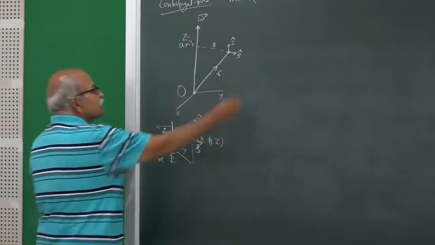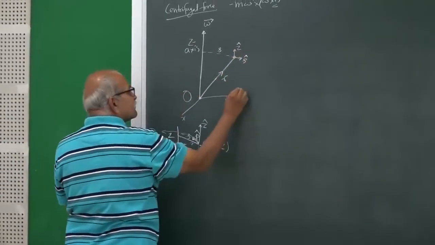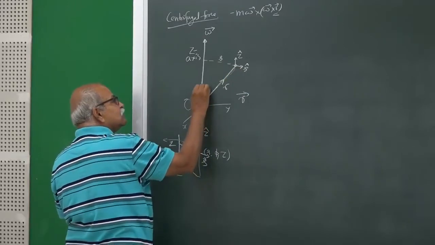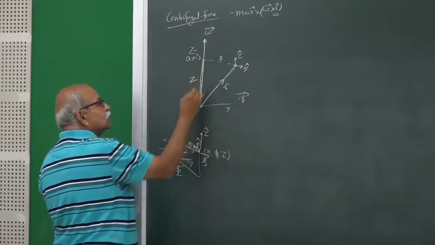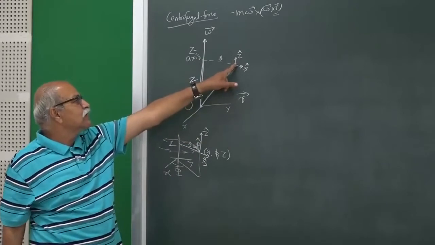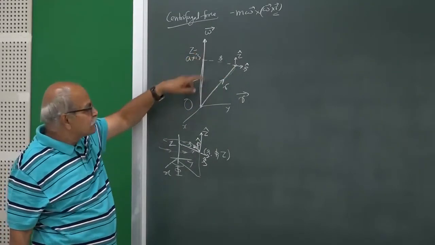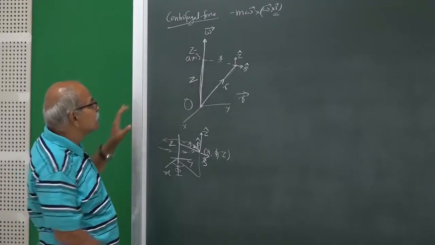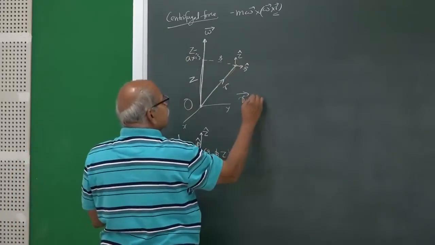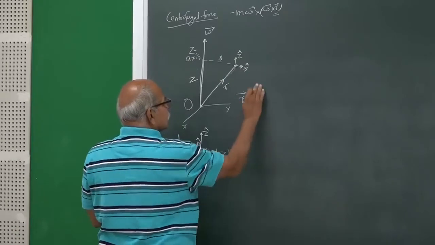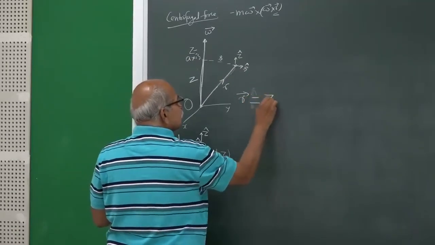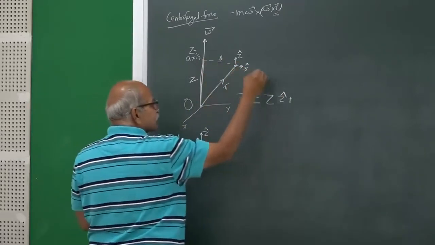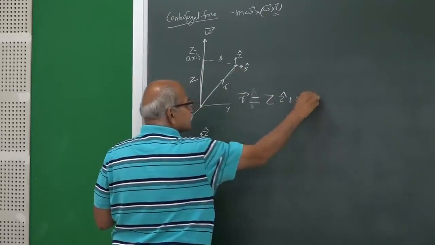All right. So, what is this r vector? This r vector can be written as, this length which is z. You drop a perpendicular from the particle on the z axis, and that origin to that point will be z coordinate. So, this is z in z cap direction plus this s in s cap direction.